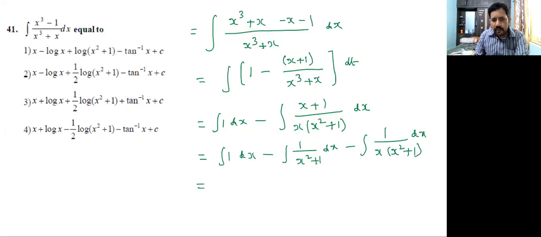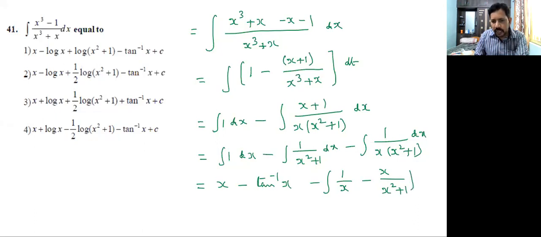So the integral of 1 dx means x, minus the integral of 1 by x square plus 1, that is tan inverse x, minus the integral. Now this part is important. How to split? I am splitting like this: 1 by x minus x by x square plus 1.